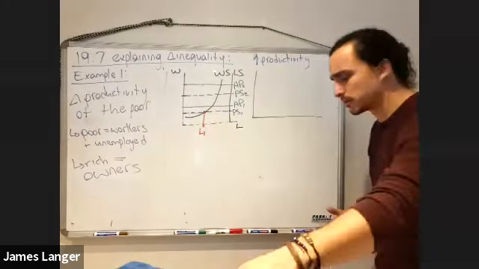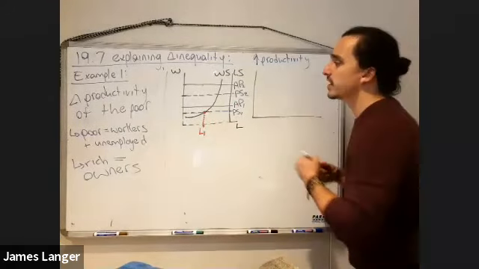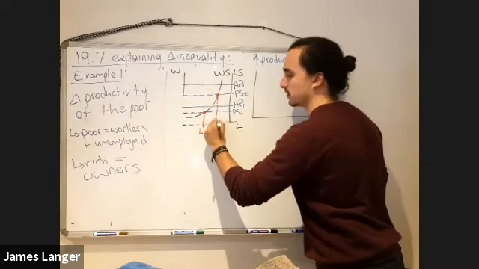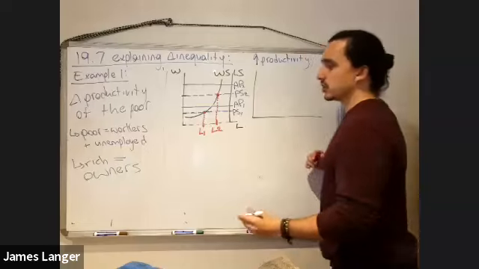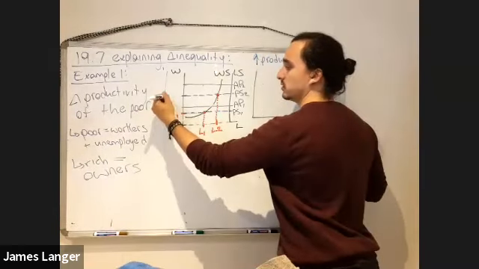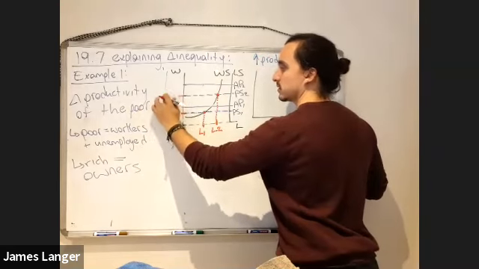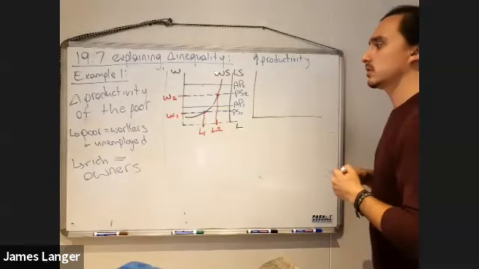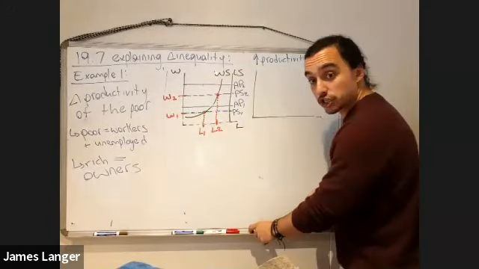We don't really need to worry too much about the numbers. And we see we go to L2, and we go from W1 to W2. So we've seen that change.